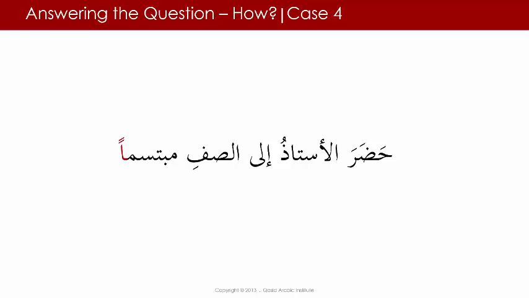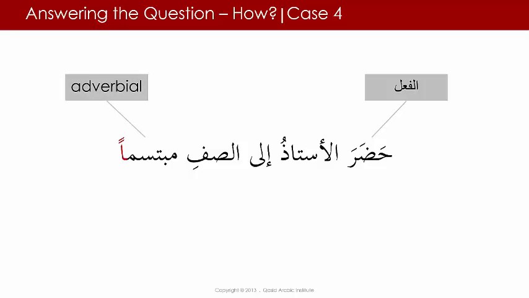In case 4, we're going to answer the question how. حضر الأستاذ إلى الصف مبتسما. حضر is our verb, and then we have our adverbial مبتسما. Notice here, you see, مبتسما is mansub with fatha, tanween on the end, sitting on an alif. So then we have a number of possibilities.